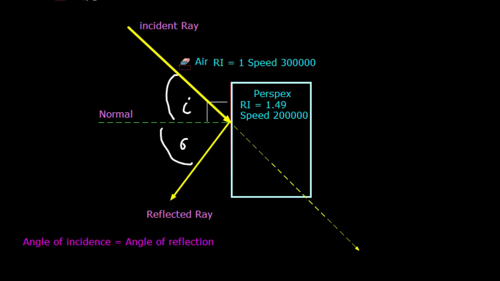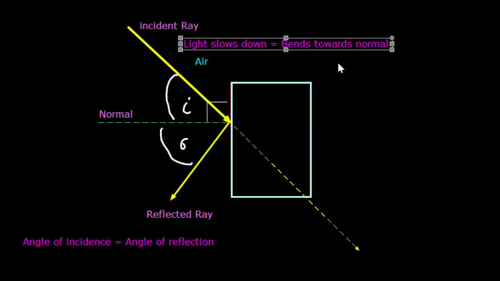So what happens when light slows down? When light slows down, it's going to bend. We know through testing and through experiments that the property of light is that when light slows down, it's going to bend towards the normal.